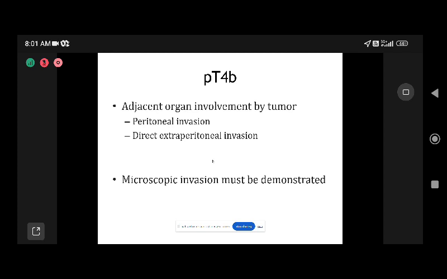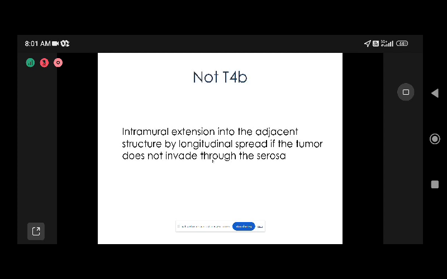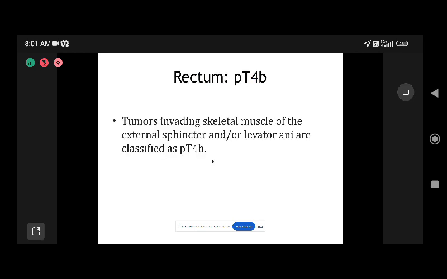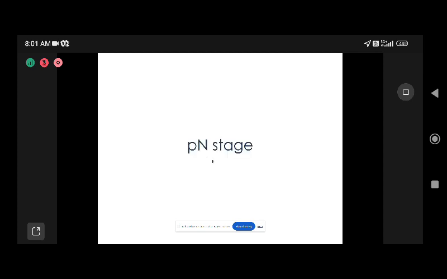So microscopic confirmation needs to be demonstrated. Intramural extension from a longitudinal spread through the wall, not through the serosa, is also not T4B. So in the rectum, tumors invading the skeletal muscle of the external sphincter or the levator ani are classified as T4B. So that is the T staging.